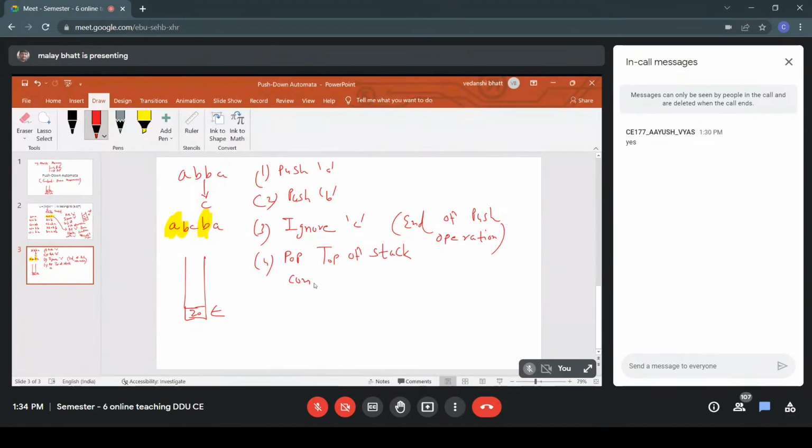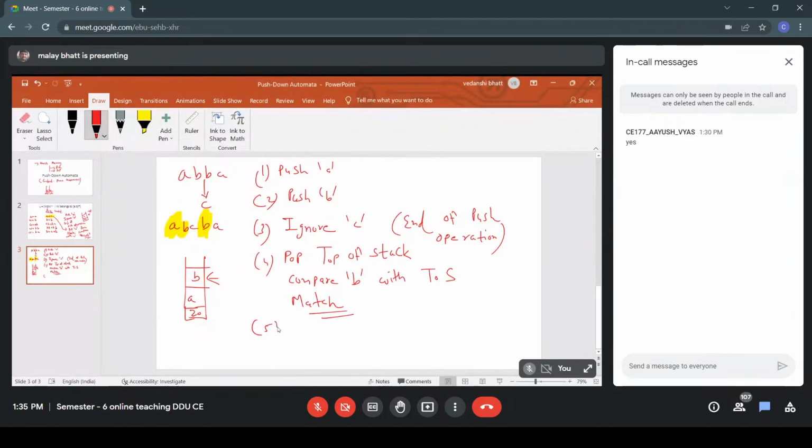We'll get the B, because now B is on the top of the stack. This is our current situation of the stack, right? So we'll pop the top of the stack, and we'll compare B with the top of the stack. Now there is a match.